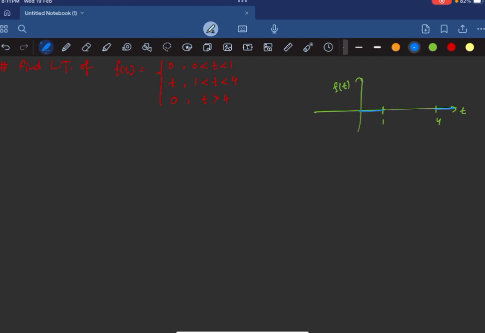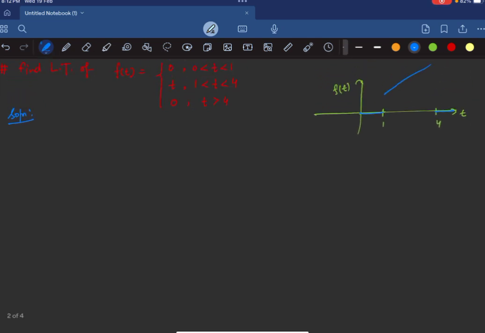In between, from 1 to 4, f(t) equals t. So it looks like this type of function. You can see the function is piecewise continuous. For a piecewise continuous function we can find the Laplace transformation, not a problem. Now let's see how we can find it.